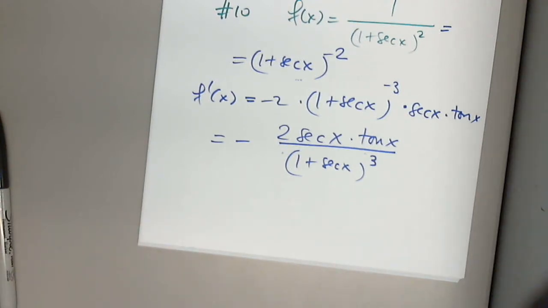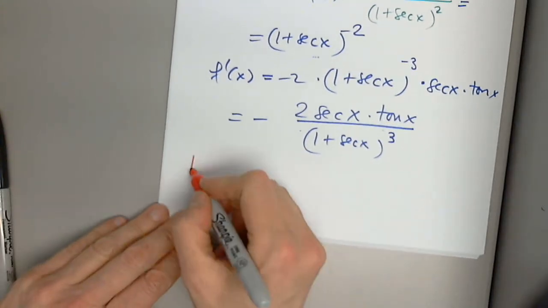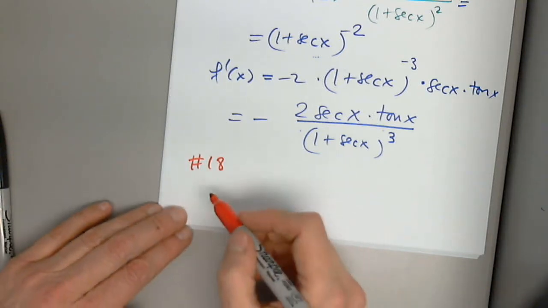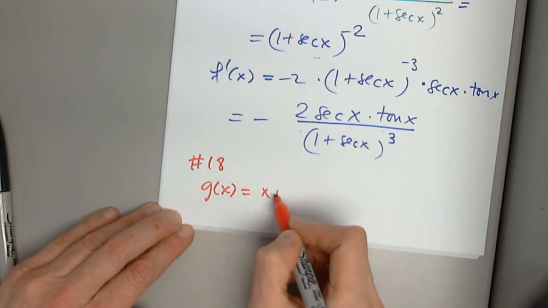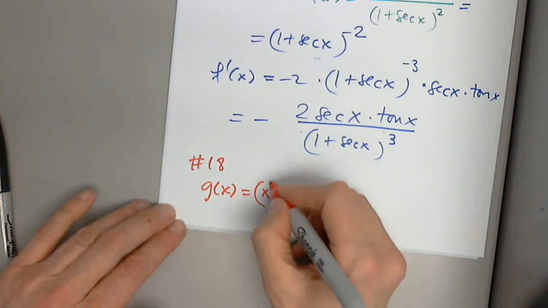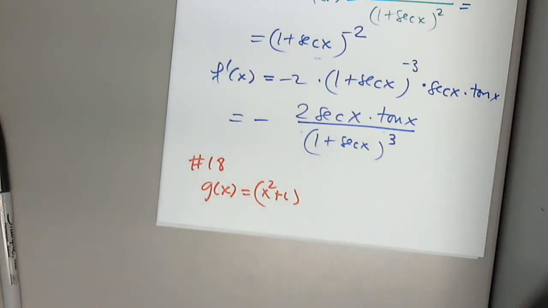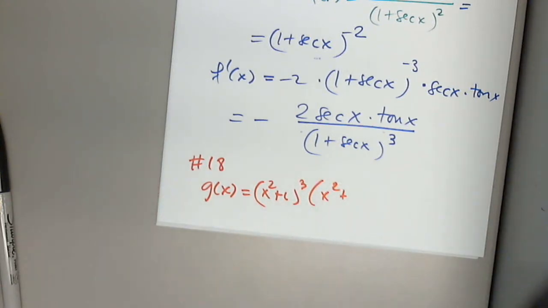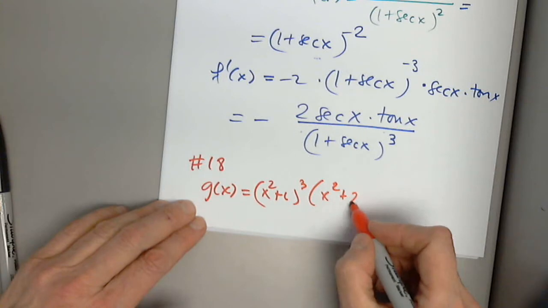Okay, so the product, I'm going to choose 18. If you want to choose another, let me know. Is 18 okay? Okay, in 18, we have g of x, x plus 1. No, I'm sorry. It's x squared plus 1 to the third power times x squared plus 2 to the sixth power.